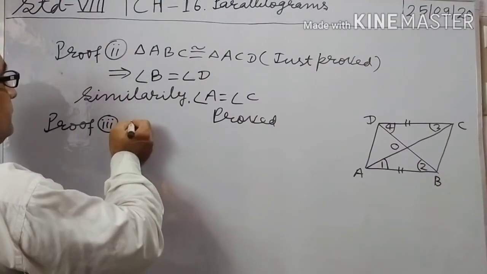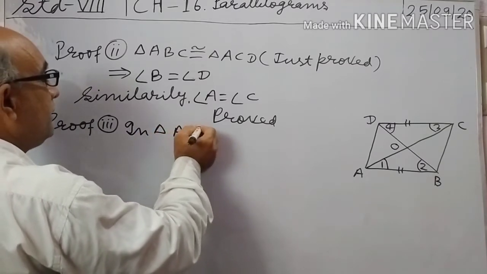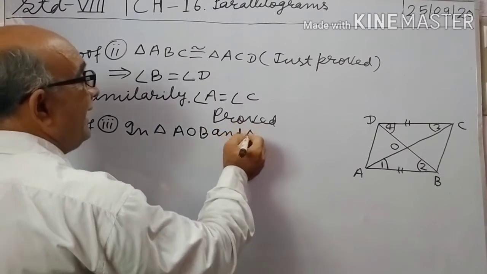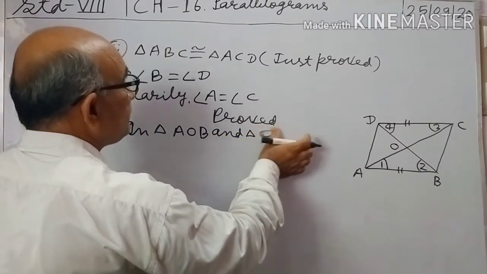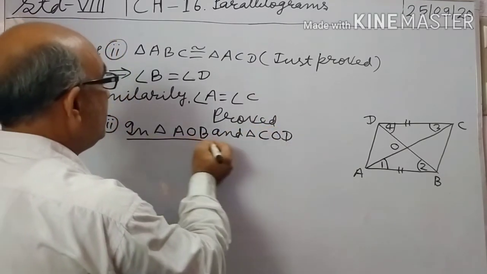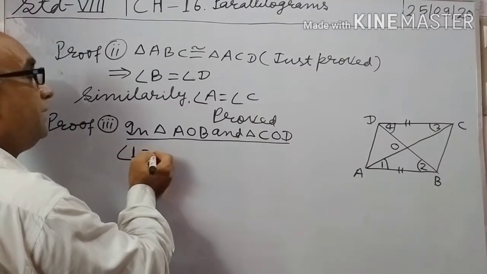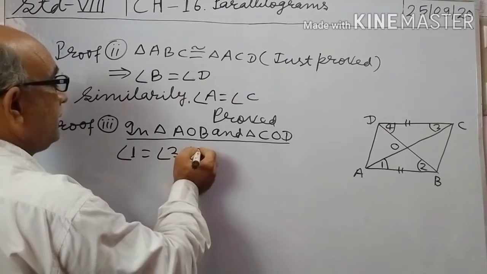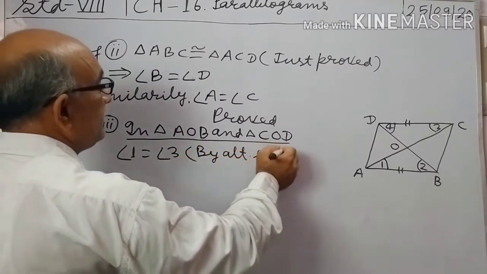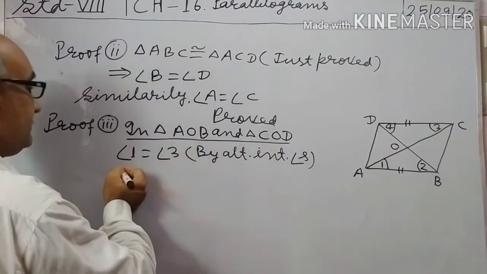So in triangle AOB and triangle COD, angle 1 equal to angle 3 by alternate interior angles.